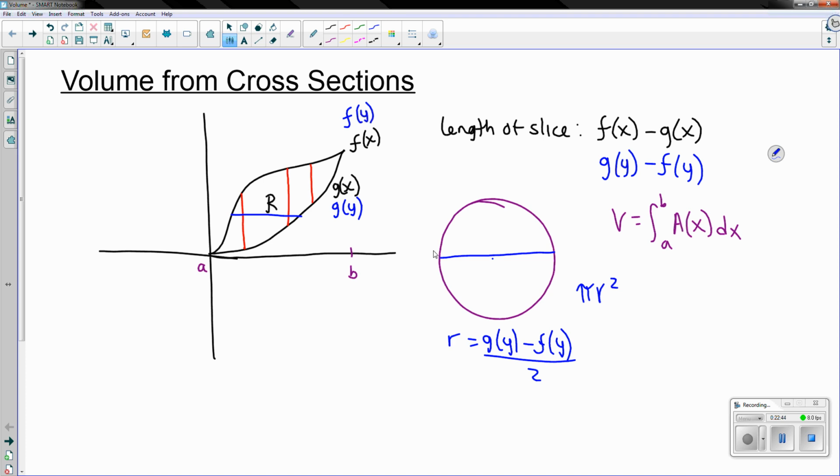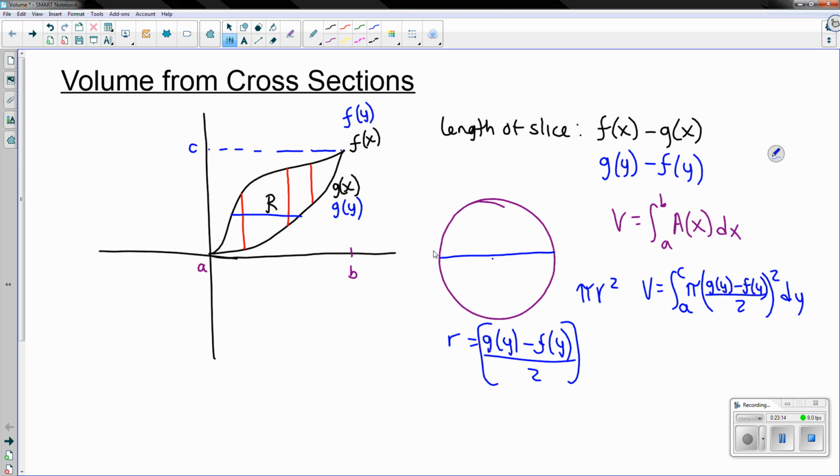And then if we integrate from a to, we'll have to figure out what this top value is. Let's call that point C. We'll integrate from a to c of pi, the representation for the radius, squared dy if we're going to integrate with respect to y.